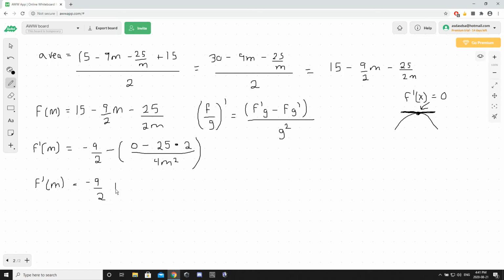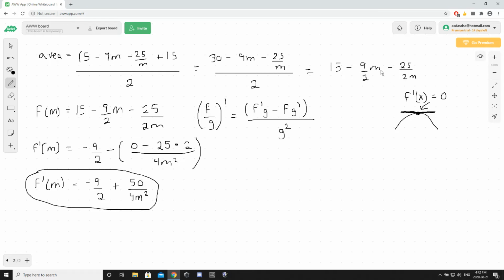So what you've got here is plus 50 over 4m squared. Perfect. Now I'm going to circle this because this is now the equation of the derivative of this function that we had simplified.